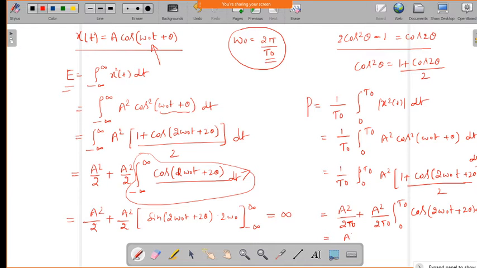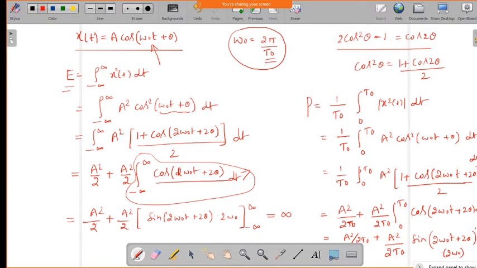So this will become A squared by 2 T naught plus, again, A squared by 2 T naught into sine of (2 omega naught t plus 2 theta) divided by 2 omega naught. Okay.